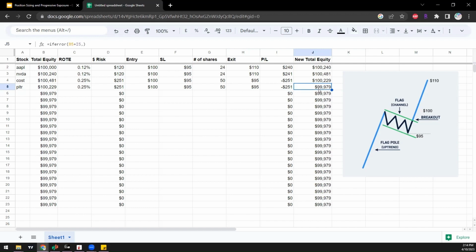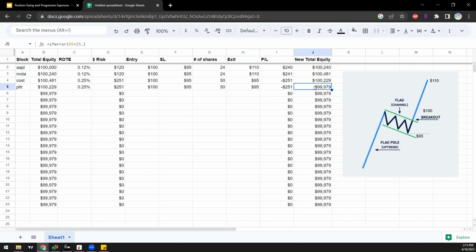And we've made sure that we are not dipping down too much below what equity we had originally put into the account. That is the whole idea behind this.